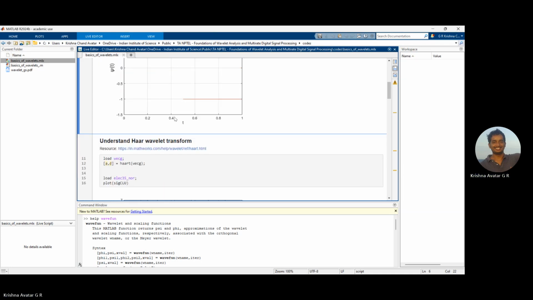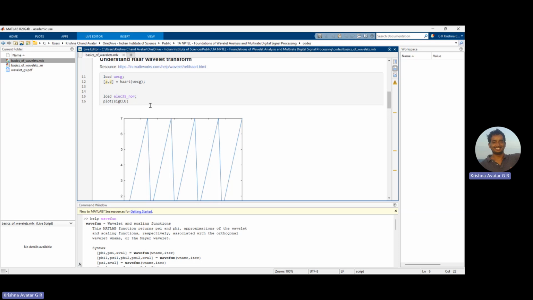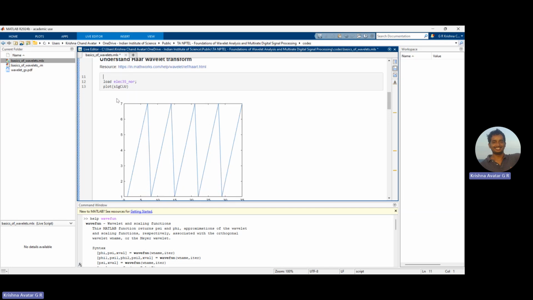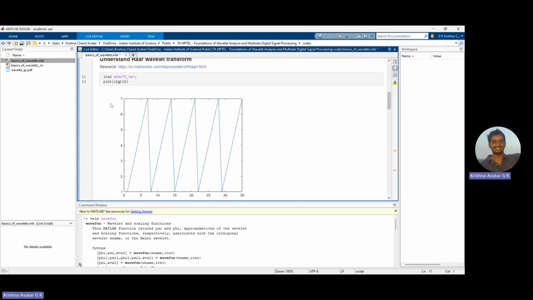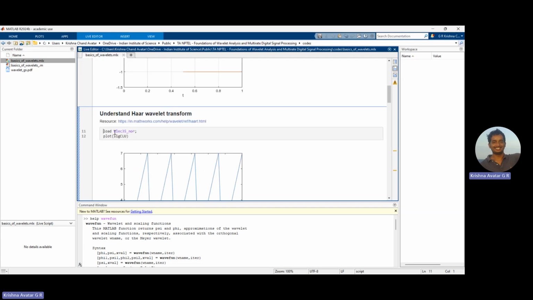Furthermore, we want to use this data to be able to do something. Let me delete this first part. So we want to do some Haar wavelet transform. So here I just loaded some data which MATLAB supplies along with it in its examples folder.